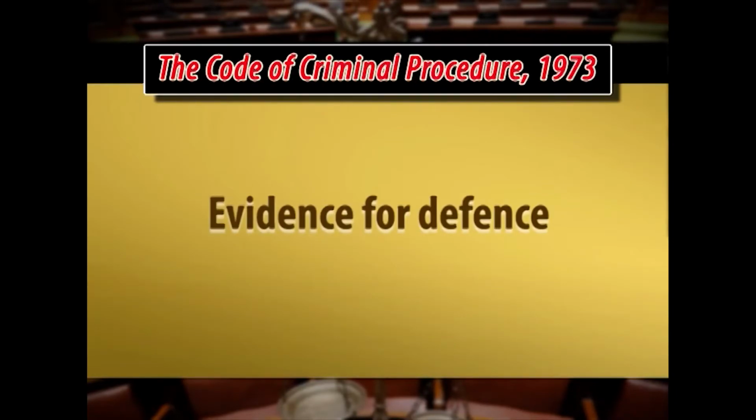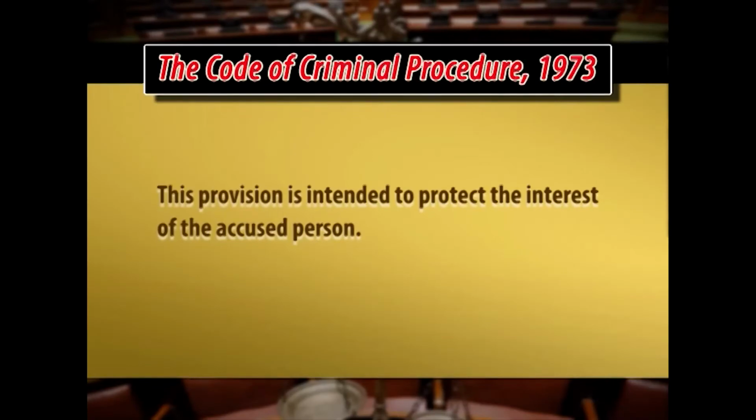Now we come to the fourth stage of the criminal trial, that is evidence for defense. After the prosecution evidence and the examination of the accused, the accused shall be called upon to enter on his defense and adduce any evidence he may have in support thereof. This provision is intended to protect the interest of the accused person.